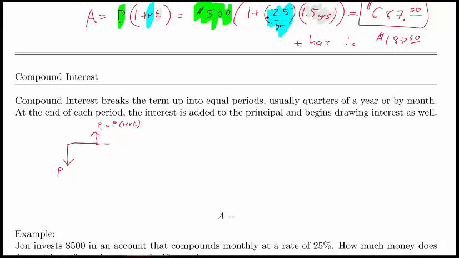So then you go on to the next compounding period, P2, and so this takes the new principal, which is P1, and it applies the simple interest to it again.